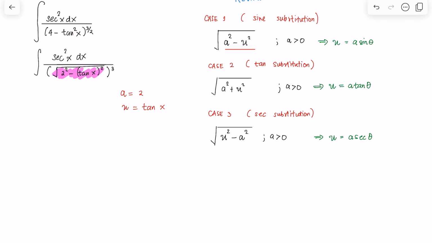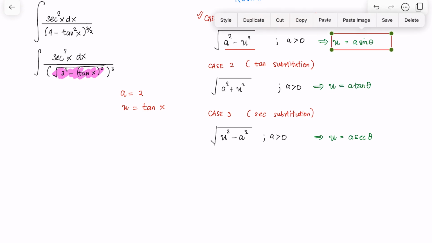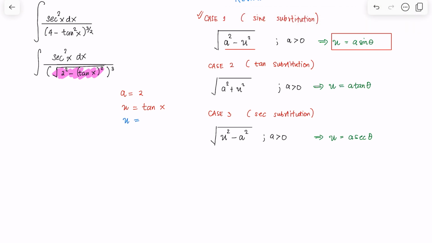According to the trigonometric integration rules, once you have set what u and a are, you perform the substitution: you let u be equal to a sine theta. Of all the three cases, we are sure that this is case 1, where our a is 2 and our u is tan of x.